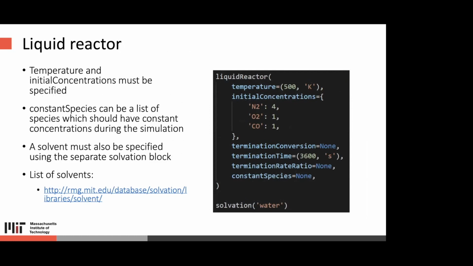So instead of using this, previously the simple reactor is the gas reactor, and now RMG can also support the liquid reactor. So the thing is that you have to specify the temperature, the initial concentrations, and you can also specify the constant species, which could be a list of the species that should have constant concentration during the simulation.